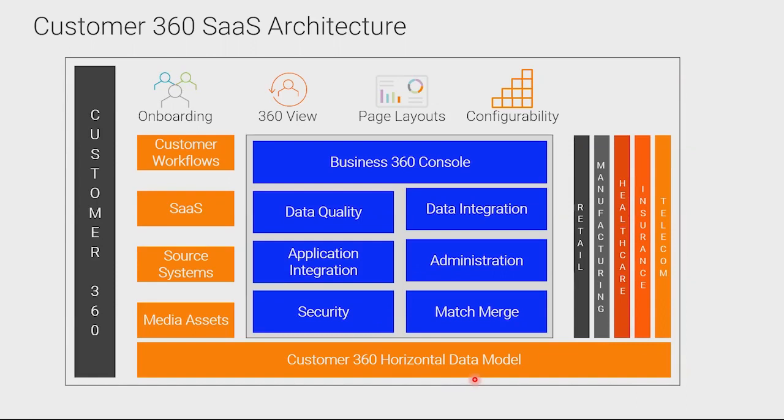So we provide a complete person and organization data model, leveraging which you can build out your Customer 360 solution. And this is industry agnostic. You can also customize your data model to a certain extent. So you can use it for retail, manufacturing, healthcare, insurance, telecom, like many of our existing customers.